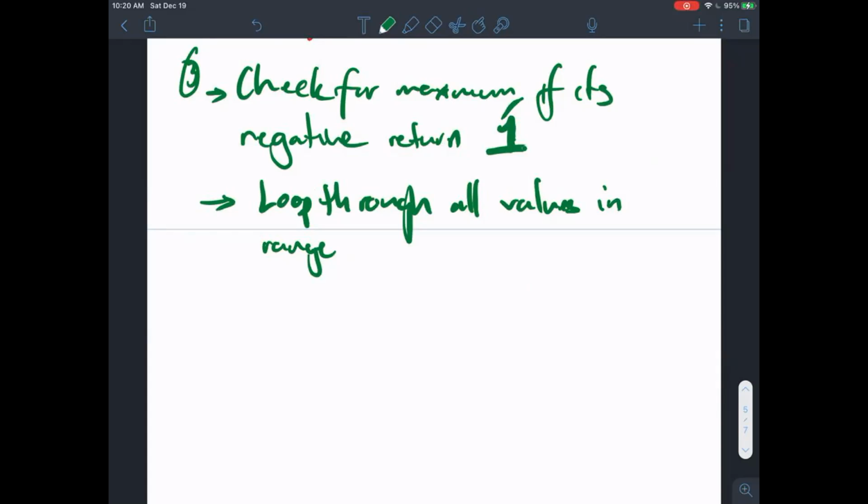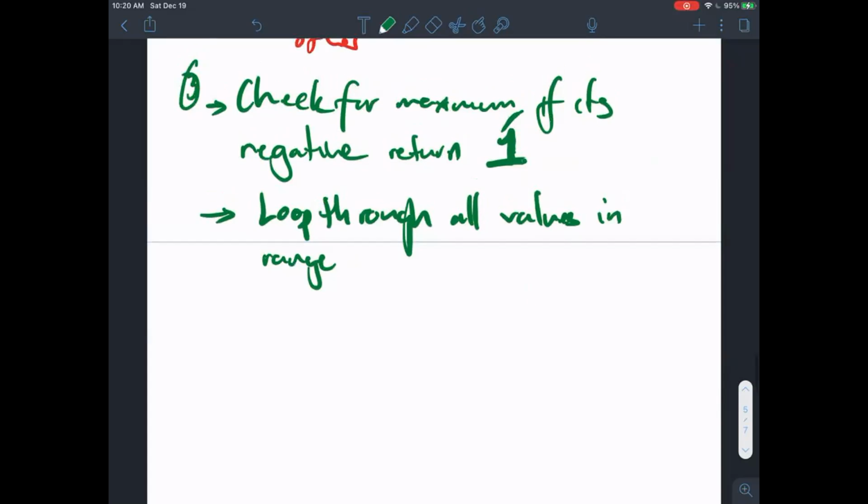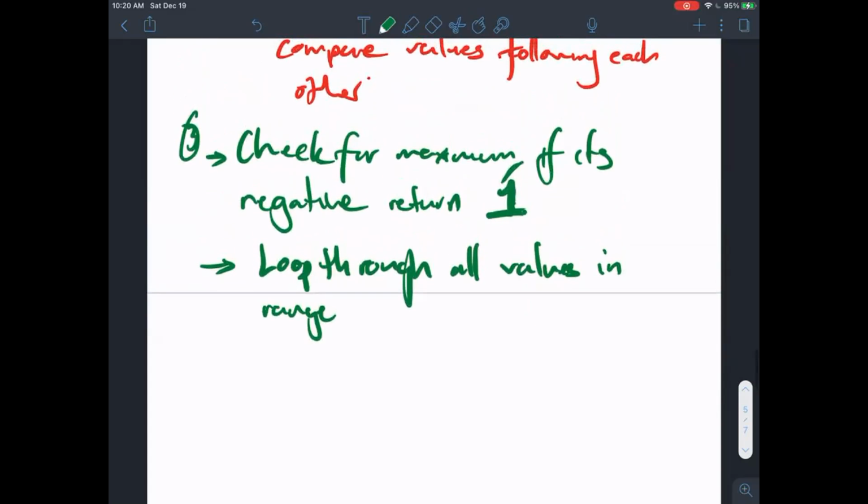So why did you have to then check for the maximum? Why did I have to check for the maximum? You mean in the for loop? Yeah.